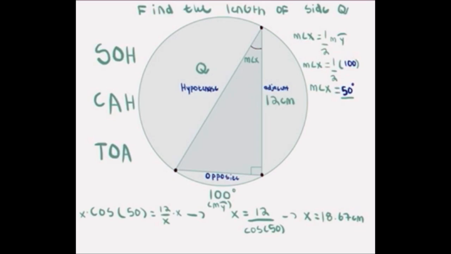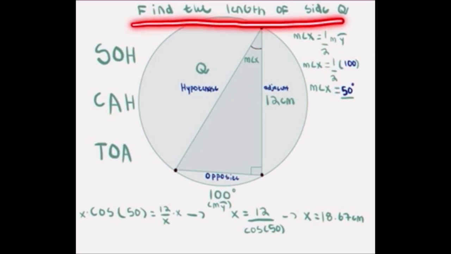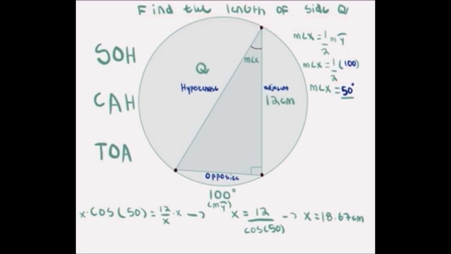Okay, now that we have gone over what an inscribed angle is, how can we apply it to solve for a side length or an angle when using trigonometry, for example? For this problem, we are asked to find the length of side Q. I'm assuming that you're already familiar with SOH CAH TOA when solving for sides or angles of a right angle triangle. We are given that the adjacent side is 12 centimeters.